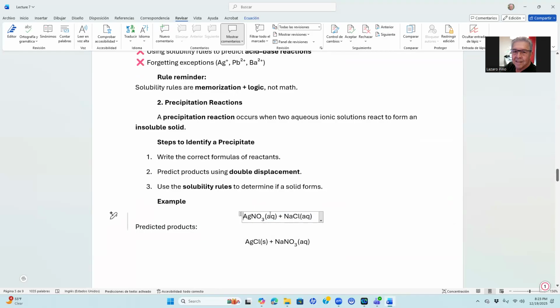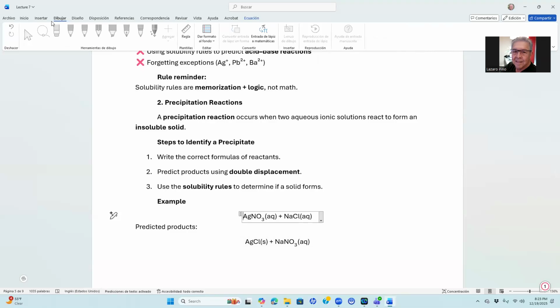Both are soluble. But when you join them together, you have to predict the products. The same way I told you, silver goes with chloride and sodium with nitrate because it's a double displacement reaction. The products produce a solid and an aqueous substance.